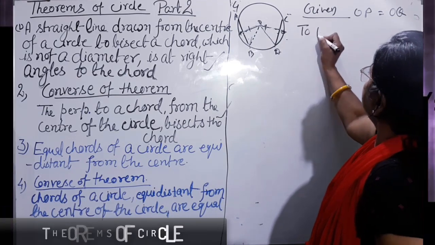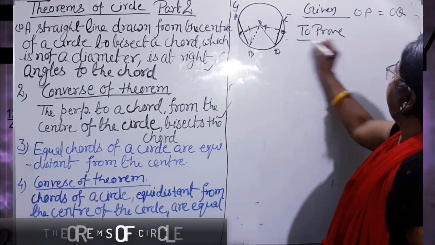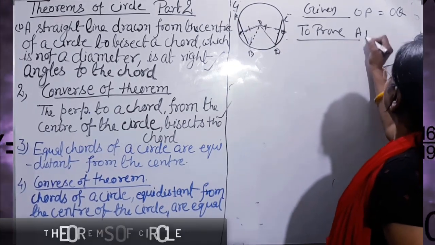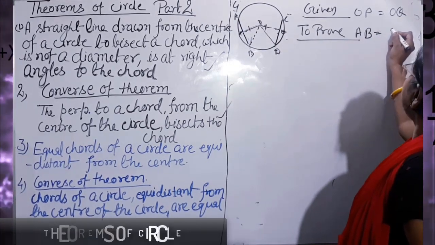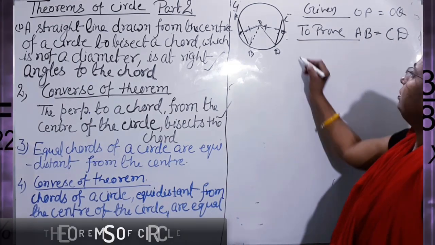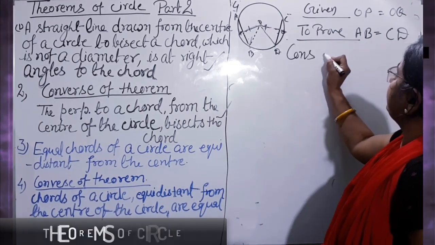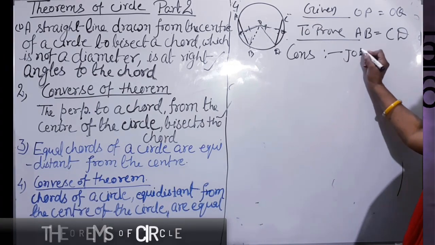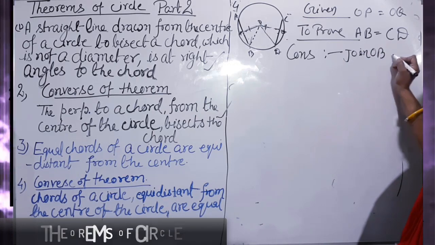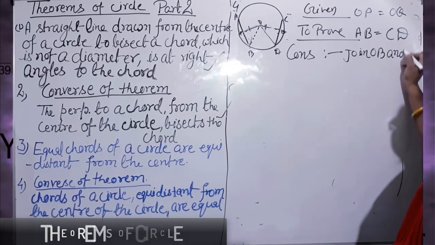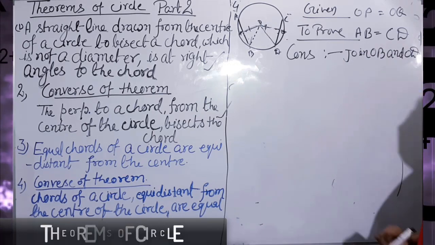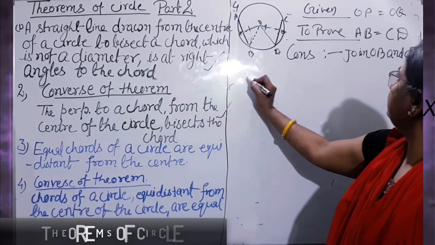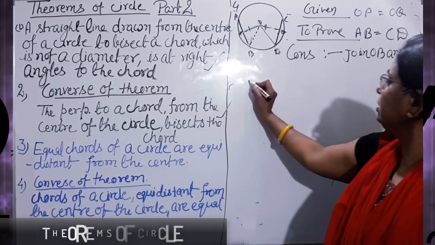To prove, we have to prove AB is equal to CD. Construction: join OB and OD.